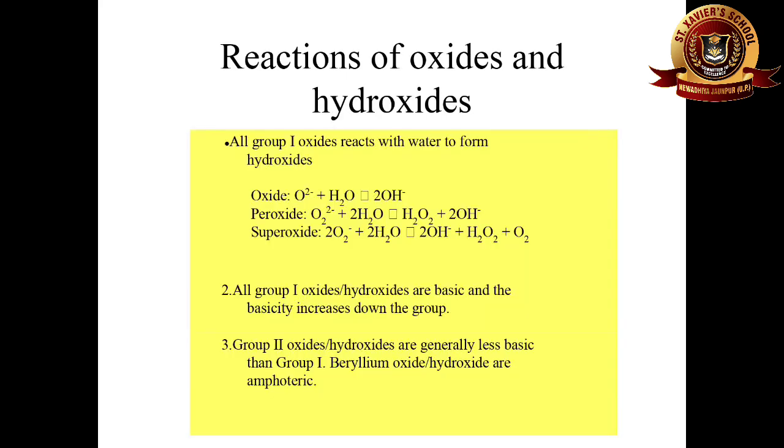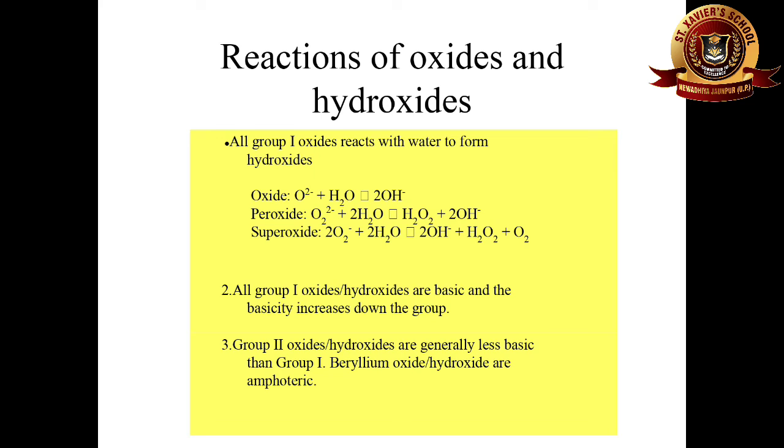Now, what is the reaction of oxides and hydroxides? All group first oxides react with water to form hydroxides because they are highly metallic in nature, and all group first oxides and hydroxides are basic in nature due to the electron donating capacity or hydroxide formation capacity.